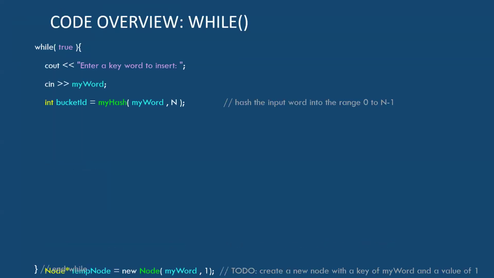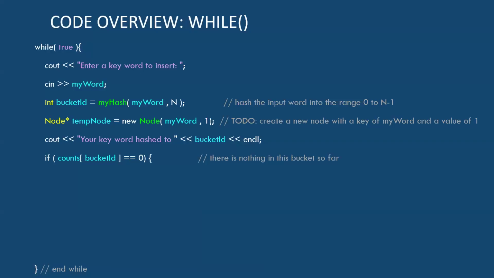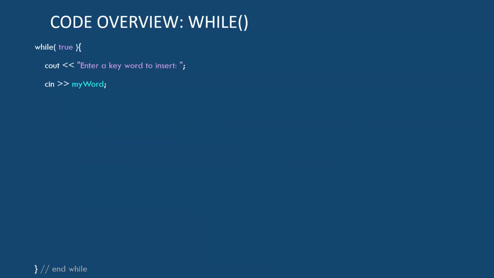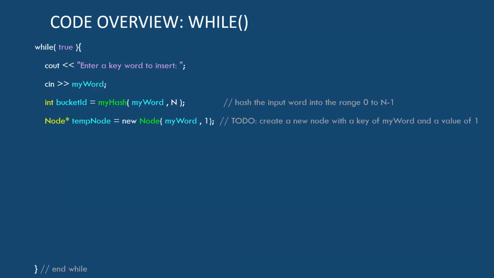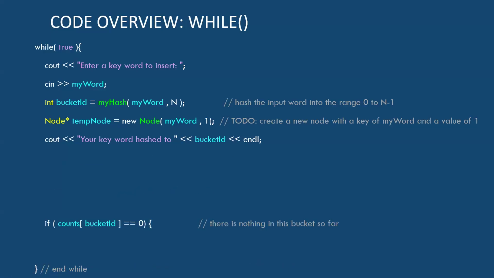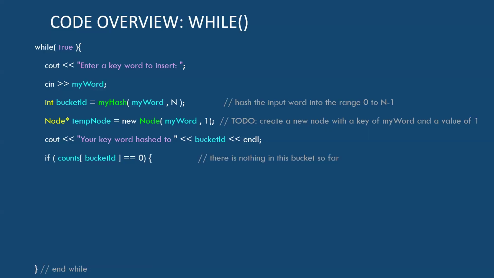So here's our while loop in main. This is going to be for our practice. We're going to say, okay, ask for a word, hash it to a bucket location, create a node, and we're doing a histogram on this lab. So we're going to set this to a count of 1, okay? And then identify where we hashed it to, and then we're going to check to see whether anything's in the bucket already or not.